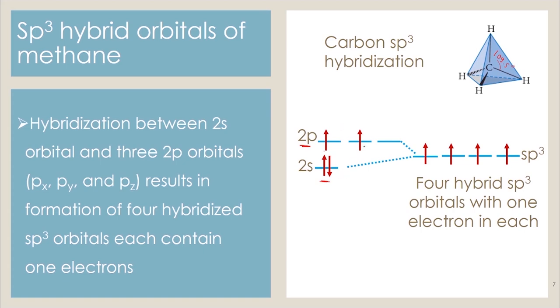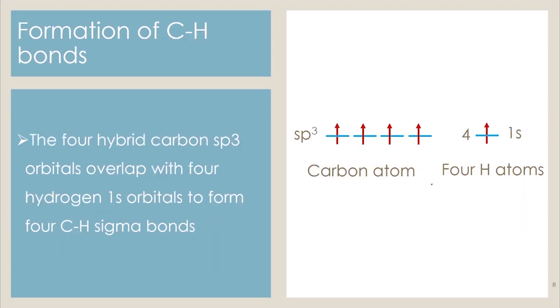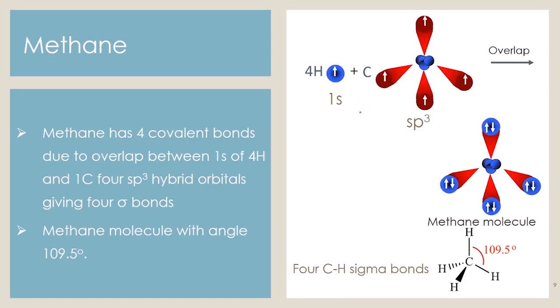The hybridization between the 2s and 2p orbitals results in the formation of 4 equivalent in energy sp3 hybridized orbitals. Each has 1 electron. The 4 hybridized orbitals overlap with 4 1s orbitals from 4 hydrogen atoms, each containing 1 electron, to form the 4 C-H bonds.